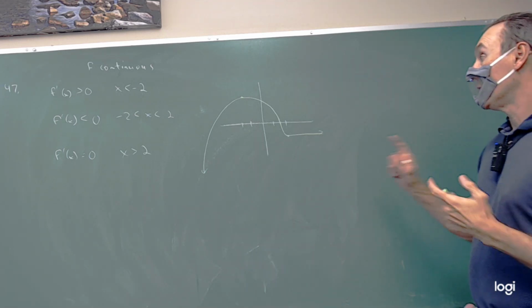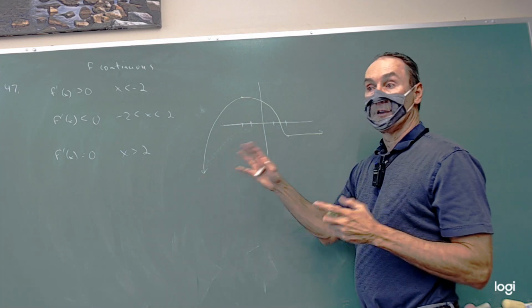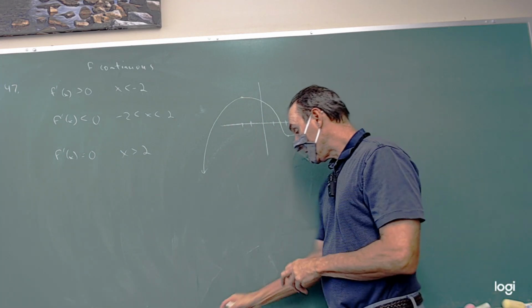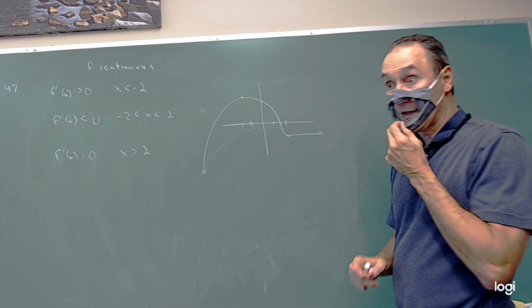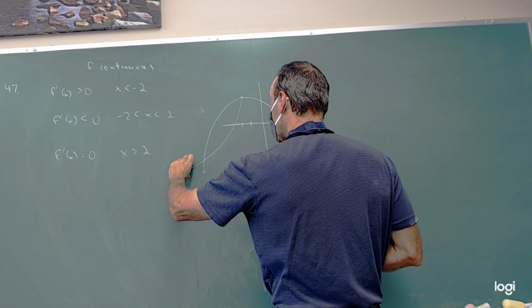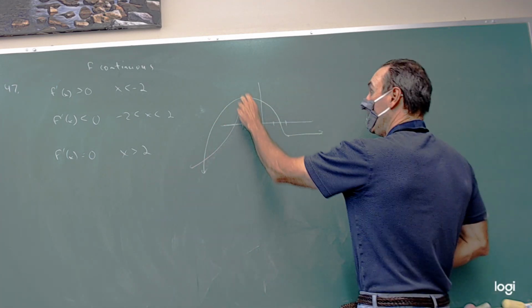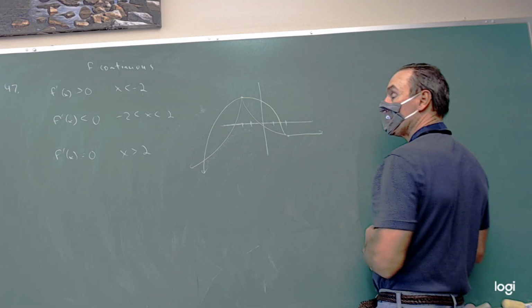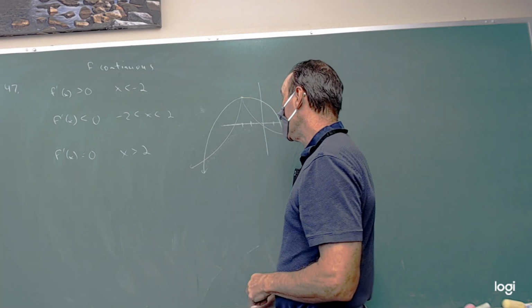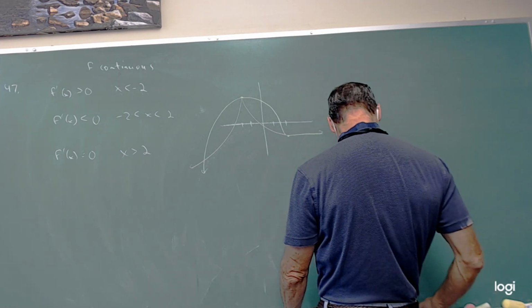Now, the way I connected these is optional because it didn't tell us anything about concavity. So you could have made it look kind of weird, these exotic functions, you could have made it increase this way and decrease this way. You could have even made them be like sharp corner points.